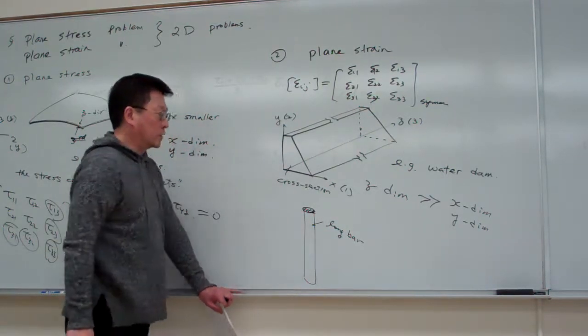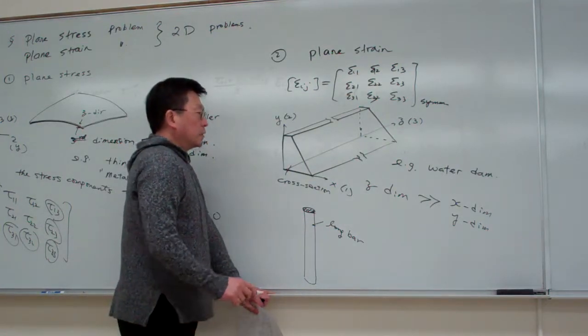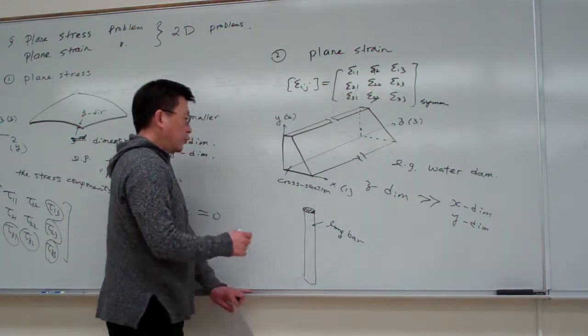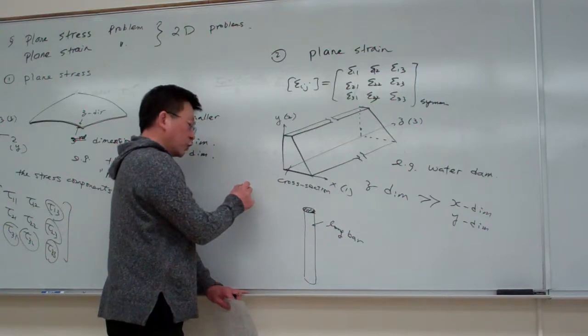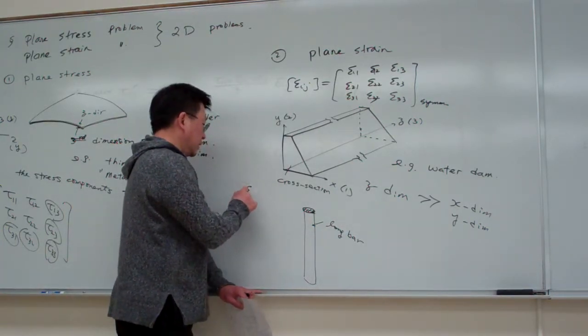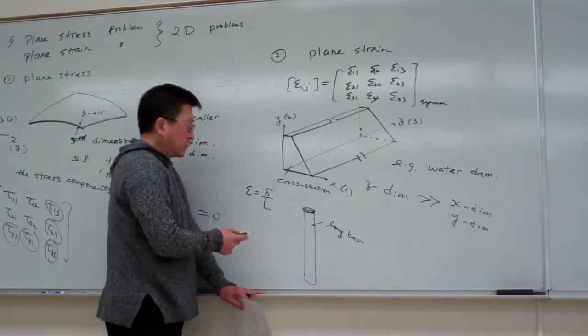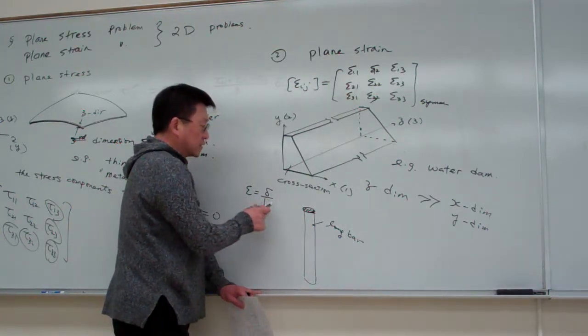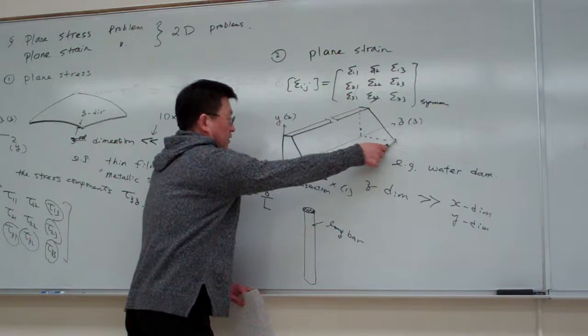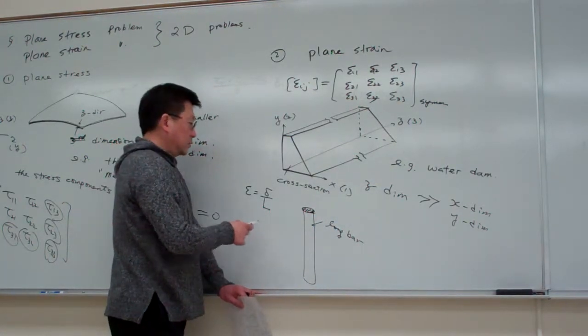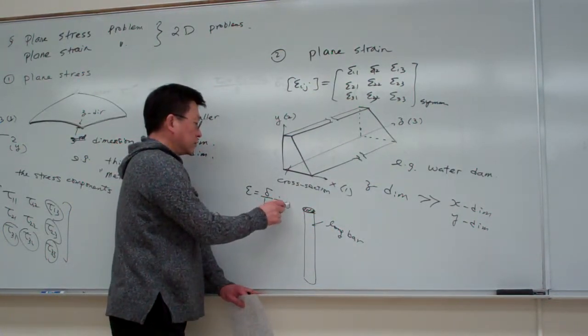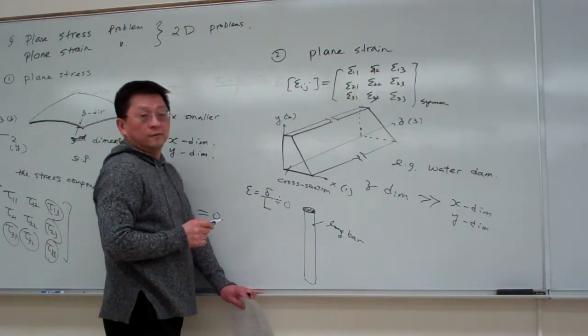For example, a long bar like this. Under those situations, we know the definition of strain is deformation divided by original length, and because the length in the z direction is huge, this one is approximately equal to 0.